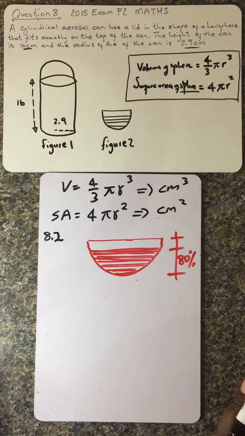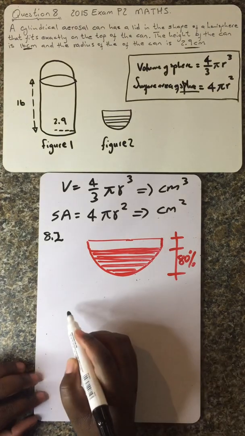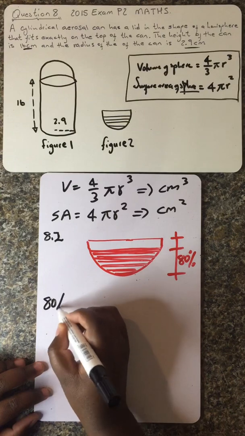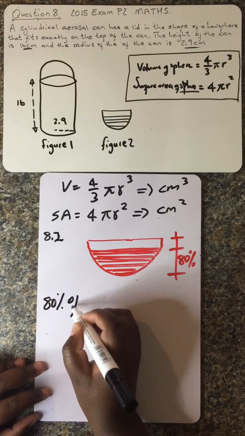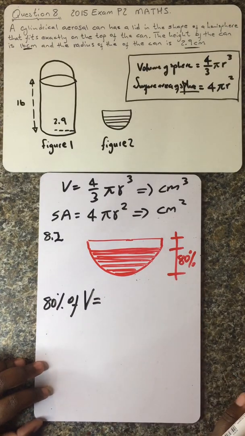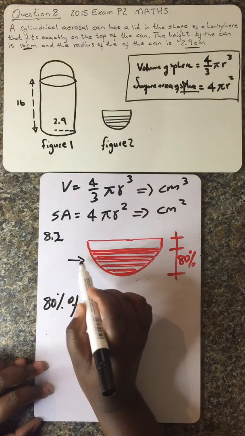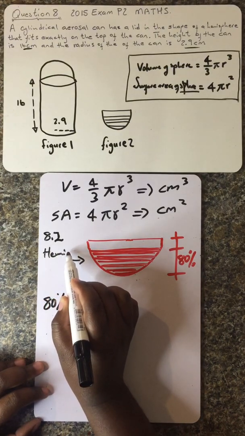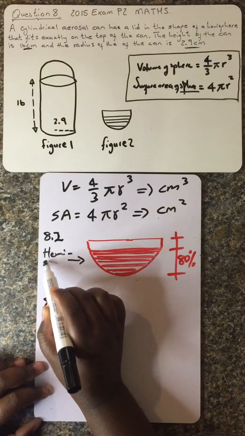So guys, that means you should calculate 80% of the volume. Very important. And remember, this is a hemisphere. I think we should just write it down: hemisphere.